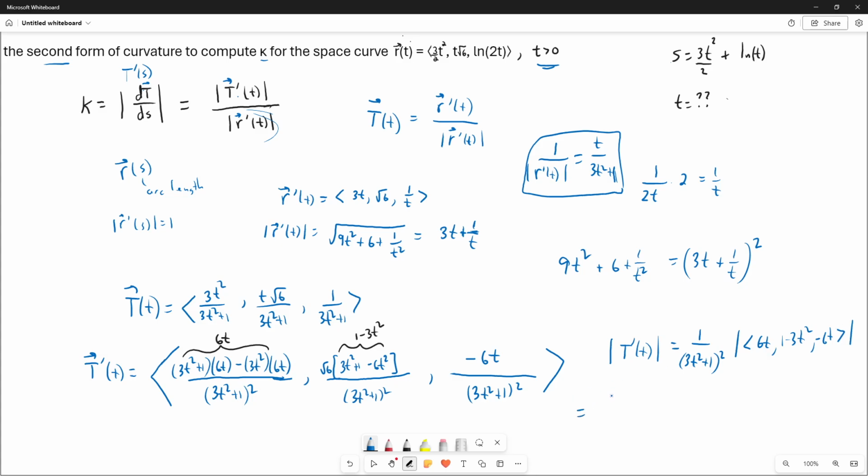And this is 1 over 3t squared plus 1 squared times, and now this magnitude is the square root of the sum of the squares. This is going to be 36t squared, and this one's also 36t squared, so that's going to make 72t squared, plus the square of this one, which is 1 minus 6t squared plus 9t to the fourth.